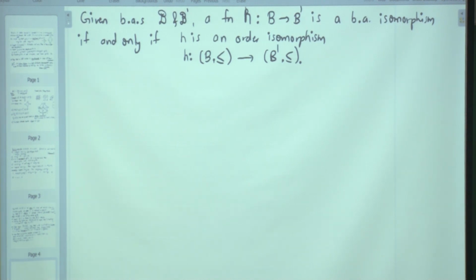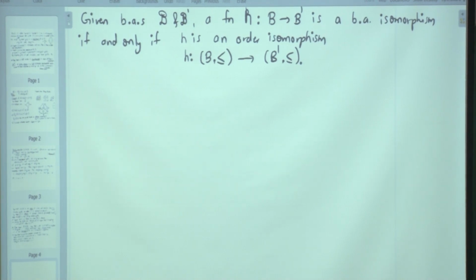Can you remind me what is an order isomorphism? It preserves and reflects orders, and it is bijective or surjective equivalently? It's an order isomorphism, which means it is an order embedding and it is surjective.